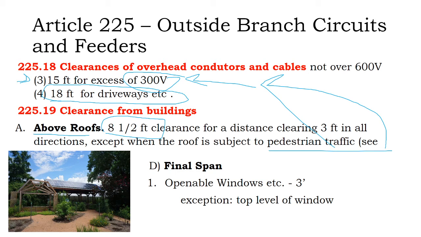Really, to be code compliant, they should be 18 feet tall for these 600 volt systems, or the solar pergola doesn't need to be that big. Maybe you step down and do 300 volt circuits, or even less than that, to not have this clearance requirement.